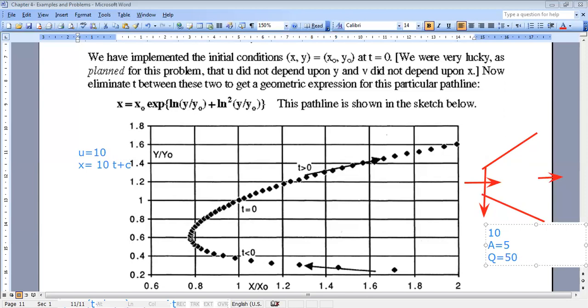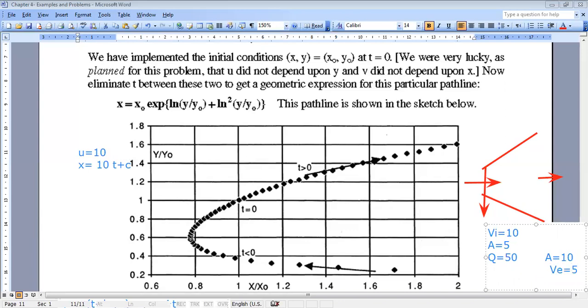Let's say at the final section I have an area of 10. Then what will my velocity be at the exit? The inlet velocity is 10 and the exit velocity is 5.